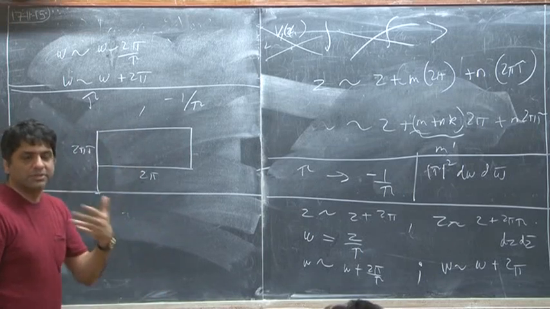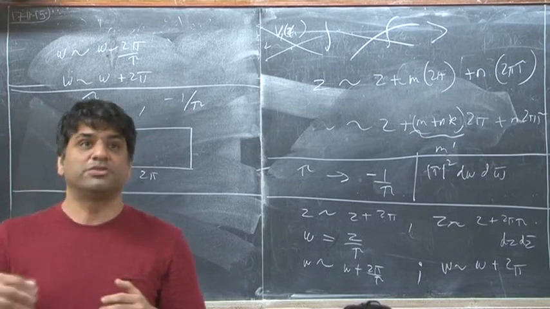So now you see that we have the identifications tau goes to tau plus 2 pi, and tau goes to minus 1 by tau.